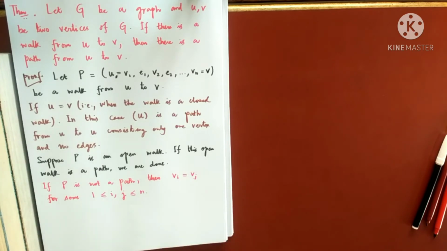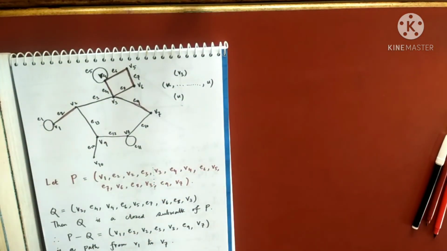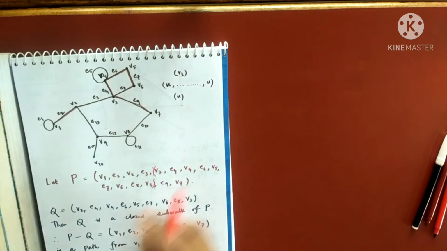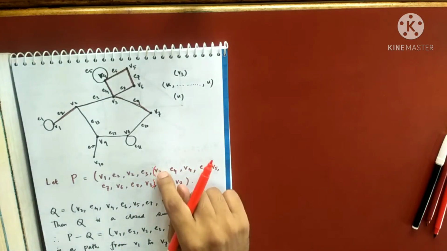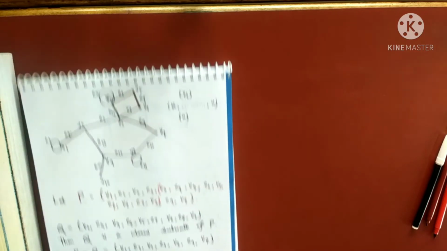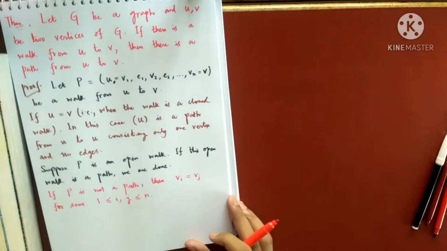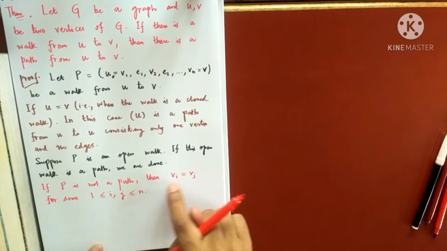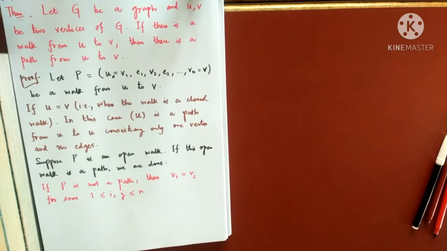Now the idea was very simple. What I did in the previous case, whenever some vertex was repeated, as you can see, I took this subwalk from here to here and removed this whole thing except the vertex V3. I'll write the same thing here. So if P is not a path, then Vi equals Vj for some i and j.